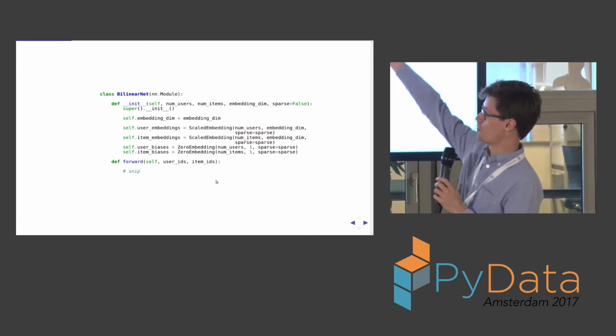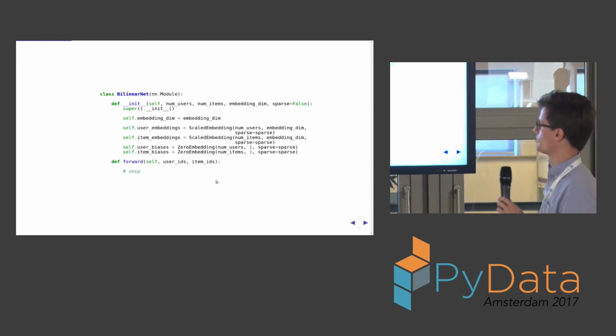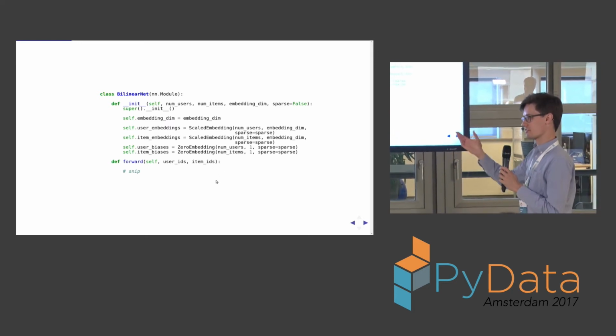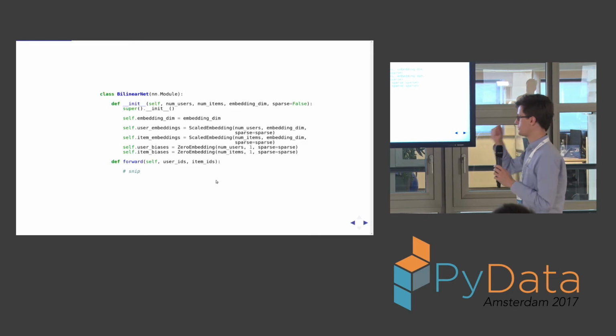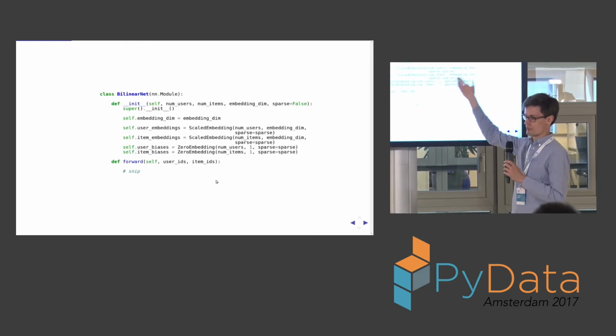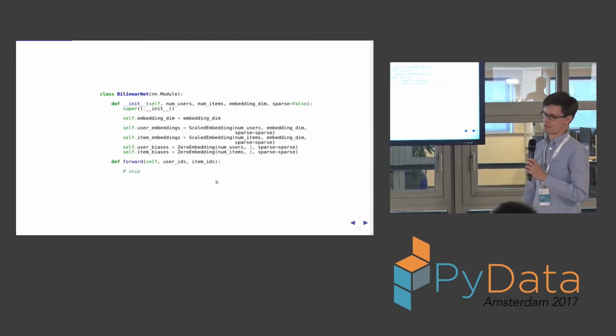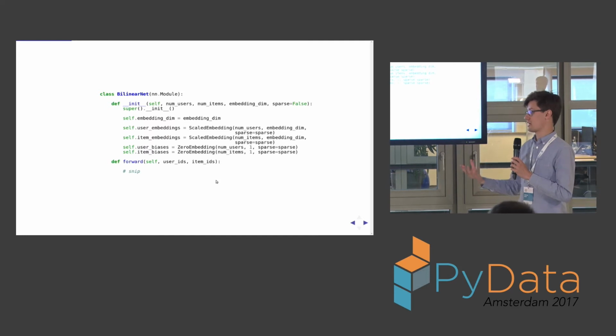Then you define two embedding layers, in this case, the scaled embeddings. You want to make sure that as you start, the initialization has the right scale. And then maybe you want to have some biases as well. If an item is very popular, then the bias will be high. If a user watches a lot of movies, they will have a high bias to soak up the effect of a heavy user.